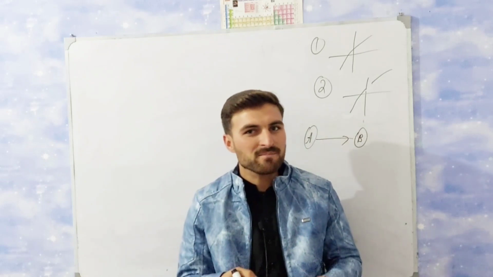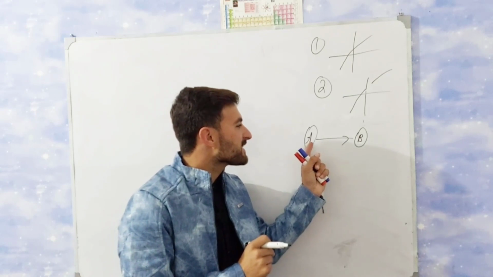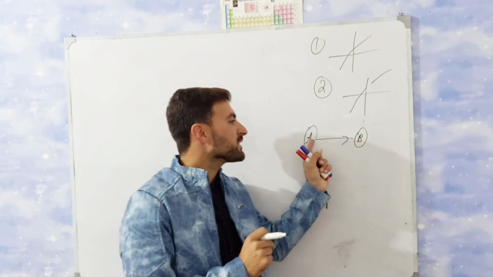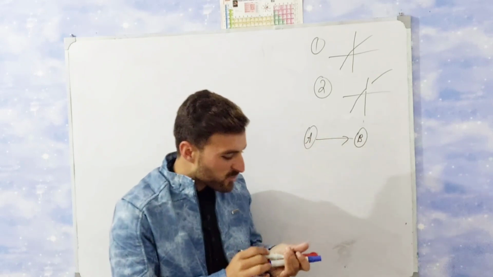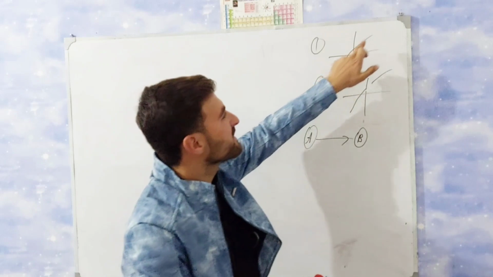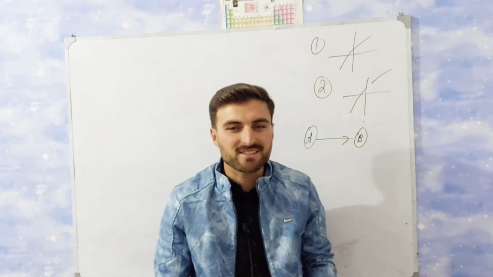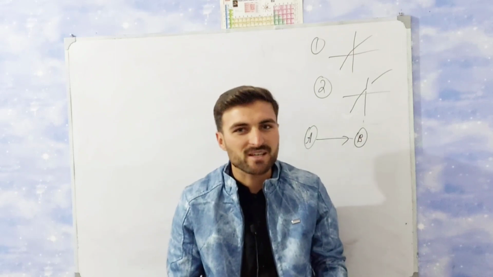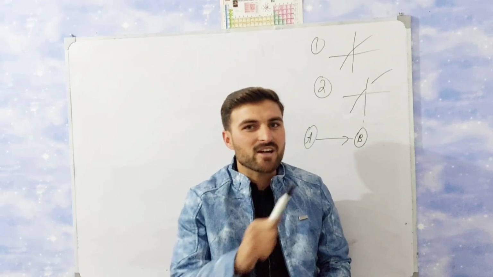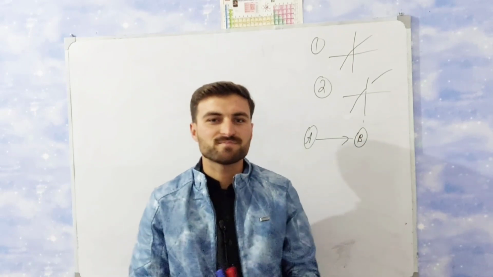So when I am not stopping, I can say that I am continuous between A and B. If this is the initial point, this is the final point, and the line is not stopping or jumping, then that is the graph of a continuous function. I hope this is clear to all of you.